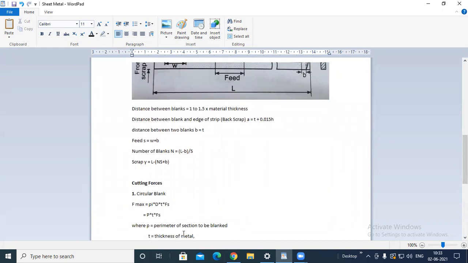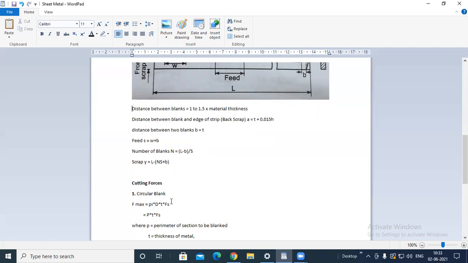T is the thickness of the metal. Sigma s is the shear strength of the metal, which is in Newton per mm square. That means whenever you calculate the cutting force for a circular blank, you are supposed to use the formula pi d t into sigma s. Pi d is the perimeter, t is the thickness of the metal, and Fs or sigma s is the shear strength of the metal, which is in Newton per mm square.